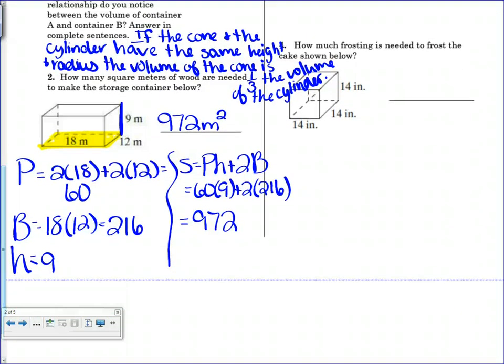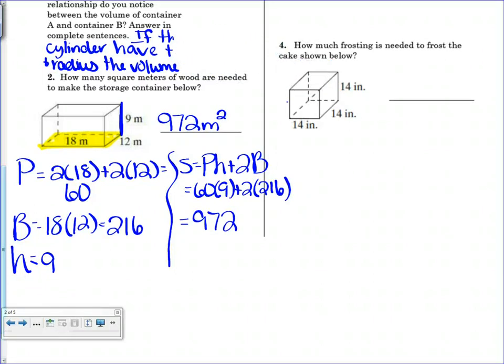Number 4. How much frosting is needed to frost the cake below? So when we're frosting a cake, you need to cover all of the sides in frosting except for the bottom. So we're going to use the total surface area formula, but instead of 2 bases, I'm only going to need to add 1 this time.